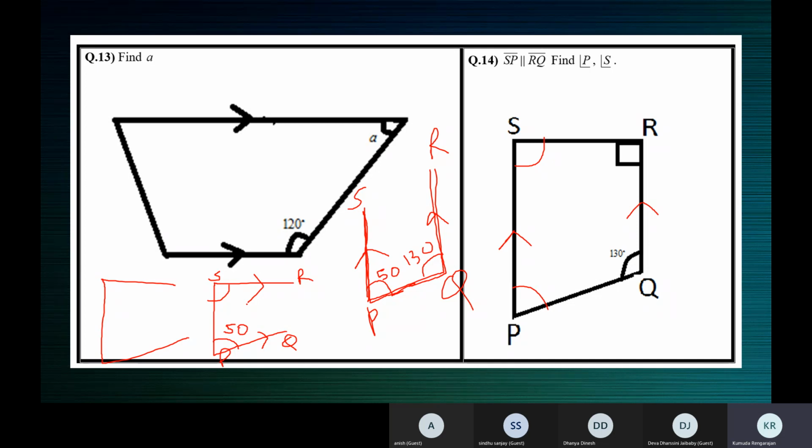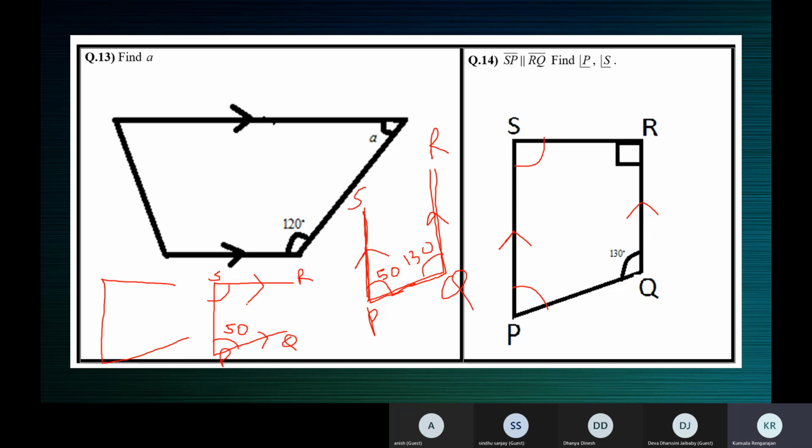They will be supplementary only when the lines are parallel, only when SR is given to be parallel to PQ. Suppose it's given, then angle P plus angle S will be equal to 180. In that case, angle S will be 130 degrees.